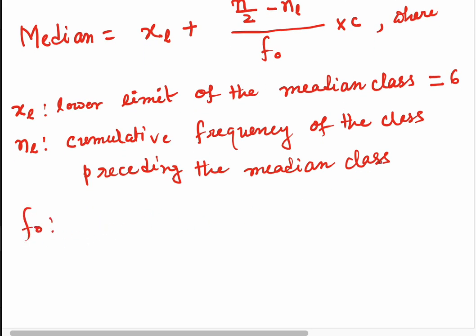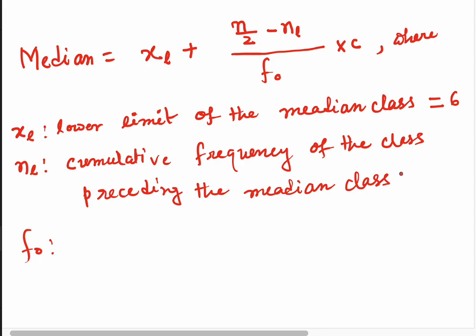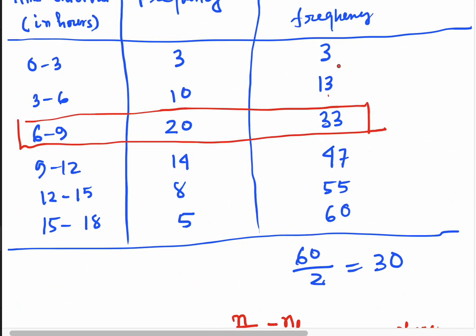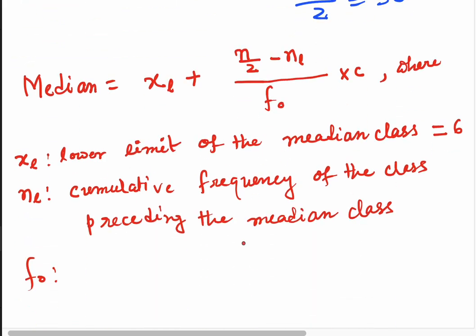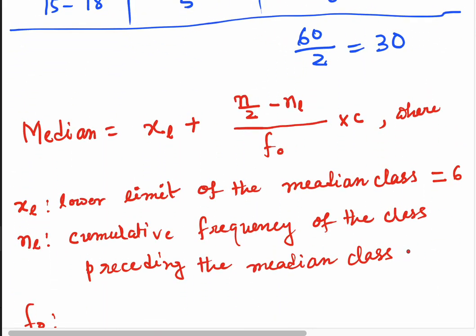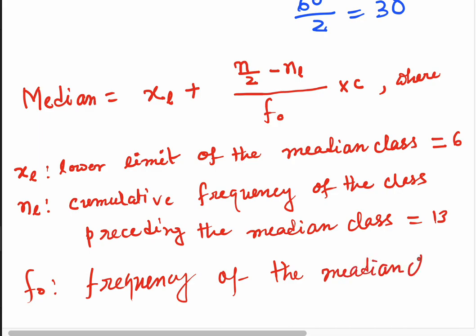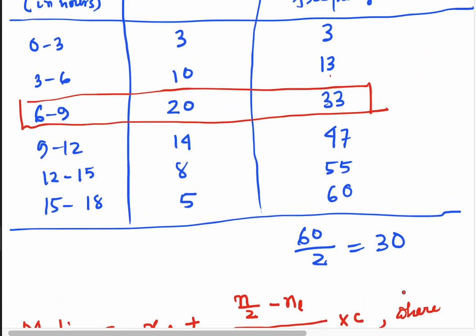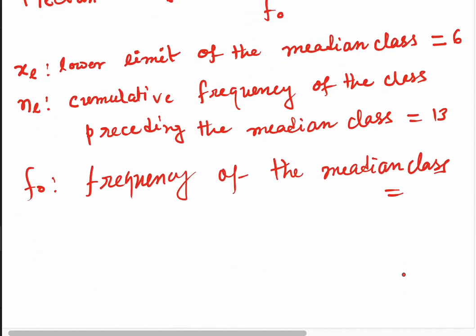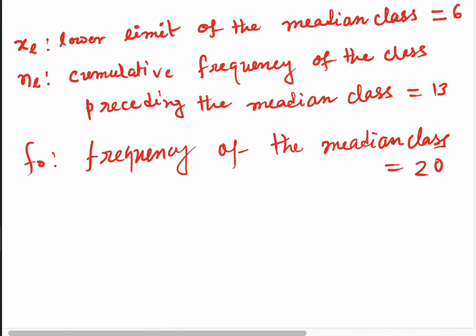NL is 13, the cumulative frequency of the preceding class. F0 is the frequency of the median class, that is 20.